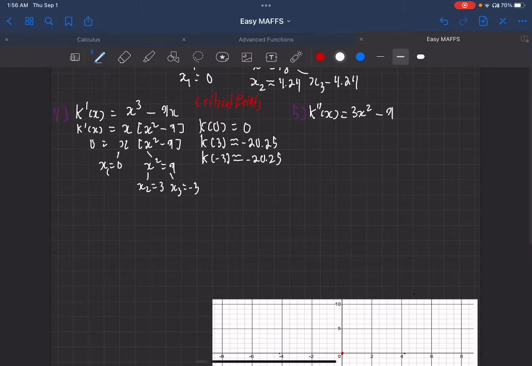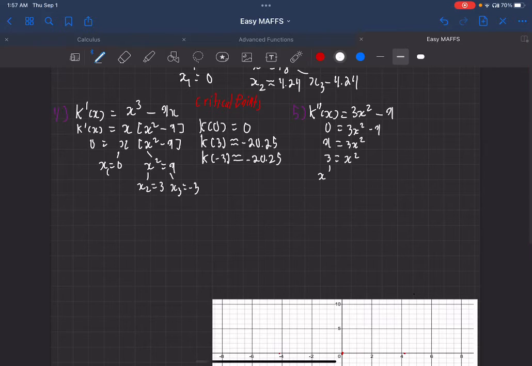And now we can set it equal to 0. So 0 is equal to 3x squared minus 9. We move that 9 to the right, 9 is equal to 3x squared. Divide both sides by 3, and 3 is equal to x squared. And I'll square root both sides, and we should get a plus or minus answer.